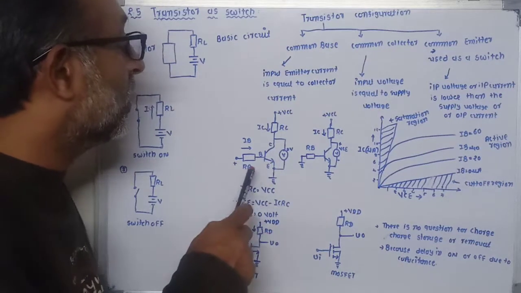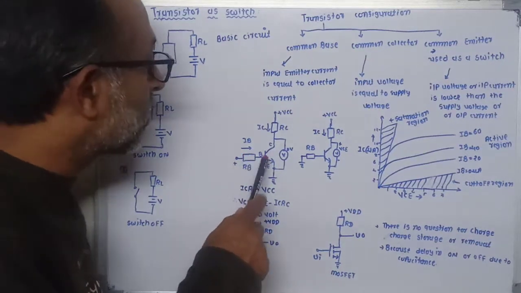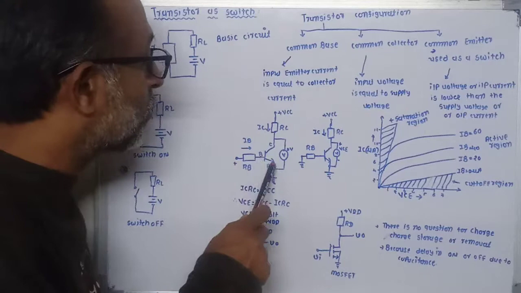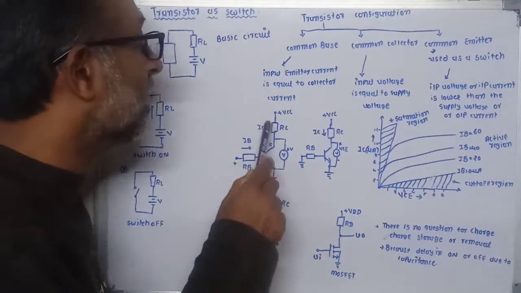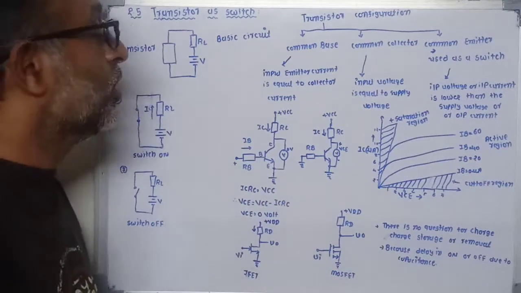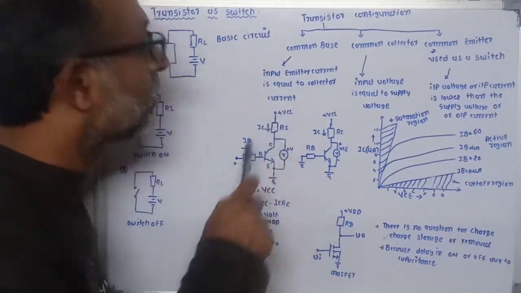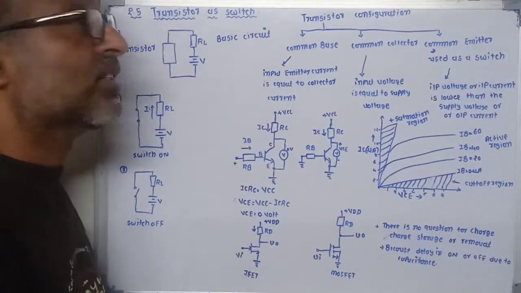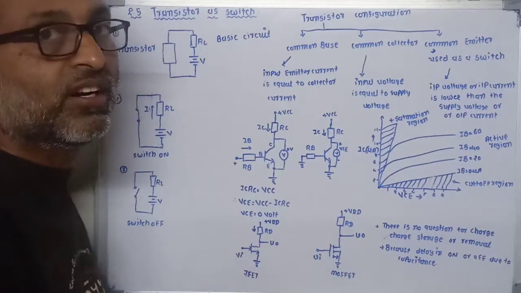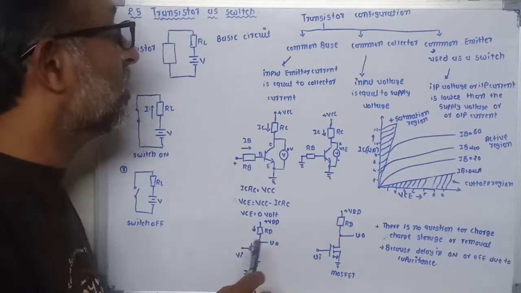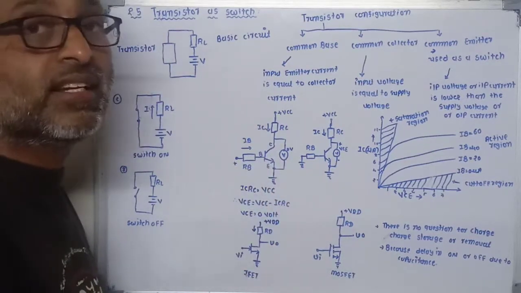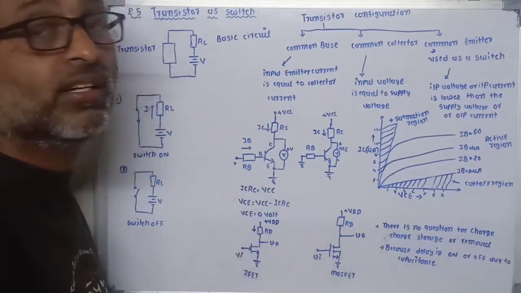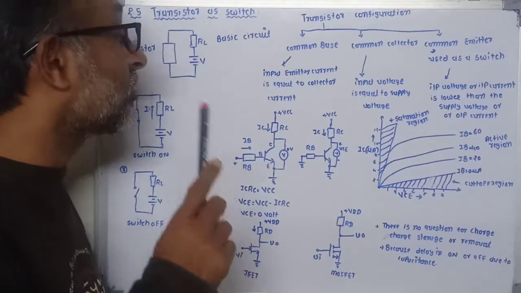So due to this, base current starts to flow from the base to emitter junction, and due to this base current, collector current IC also starts to flow through the collector resistance. A high value of base current makes maximum collector current pass through this resistance, and the transistor goes into the saturation region.